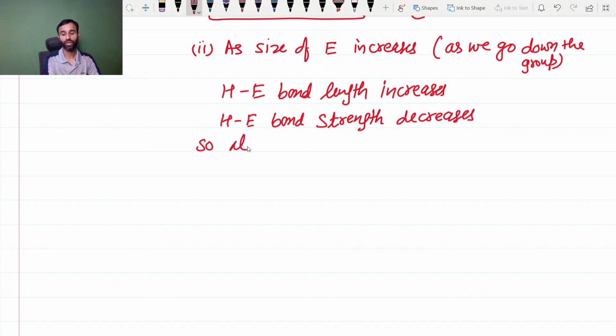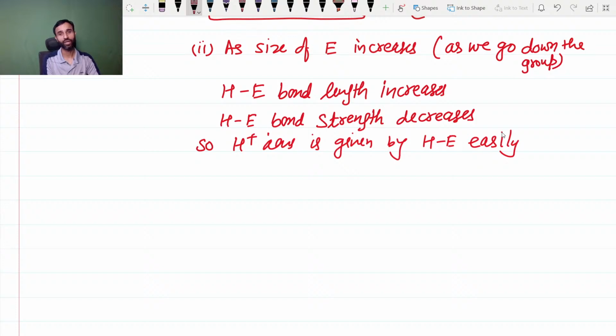So H plus ion is given easily. So acidic strength increases.